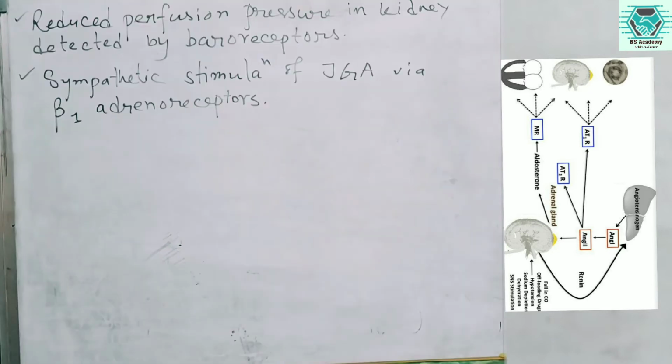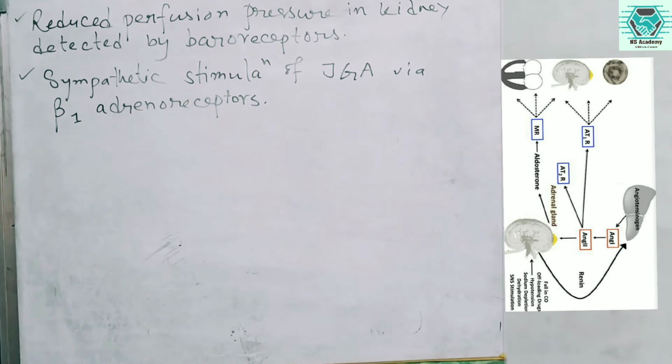Moving to the others. Next, the reduced perfusion pressure in the kidney, which is also detected by baroreceptors, and the sympathetic stimulation of the juxtaglomerular apparatus by the beta 1 adrenoreceptors. So these are the responses in which the JG apparatus releases renin.